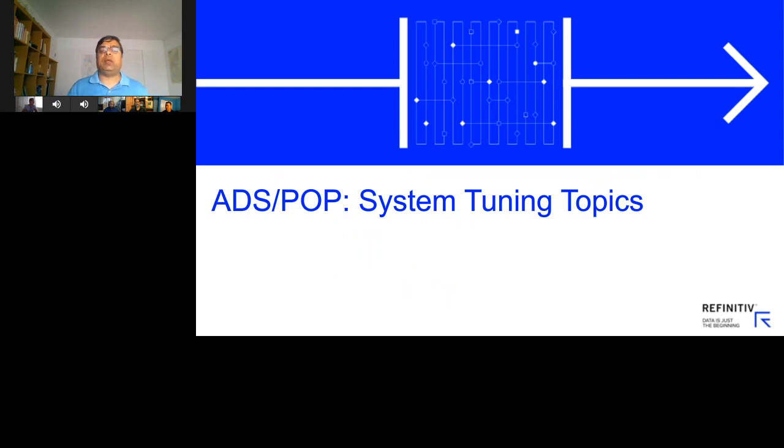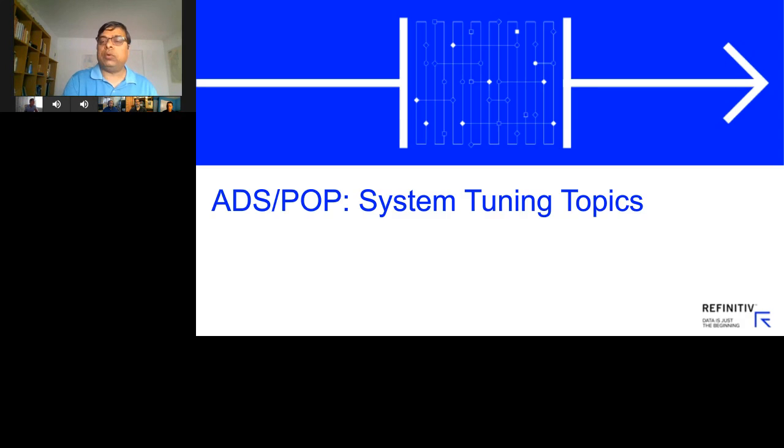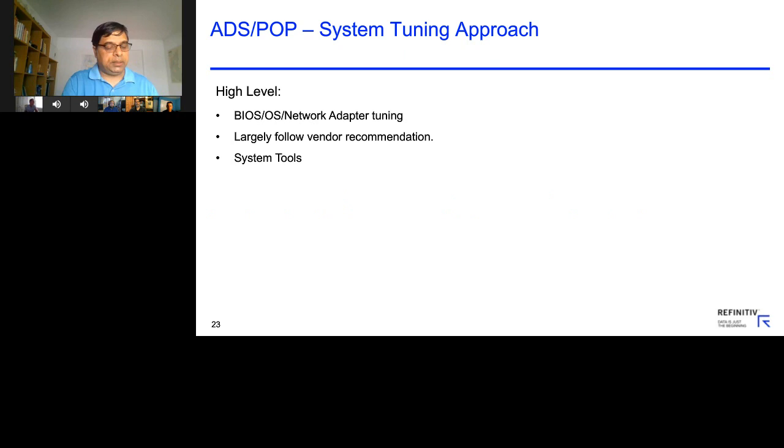Okay, with all of that background, we get into the performance tuning aspects. The system tuning is one of the important things that we do to get good performance. So we largely follow the vendor recommendation. For quite some time now, most of the vendors publish good documentation, and the default behavior of the systems in general is either geared towards high throughput or power saving mode.